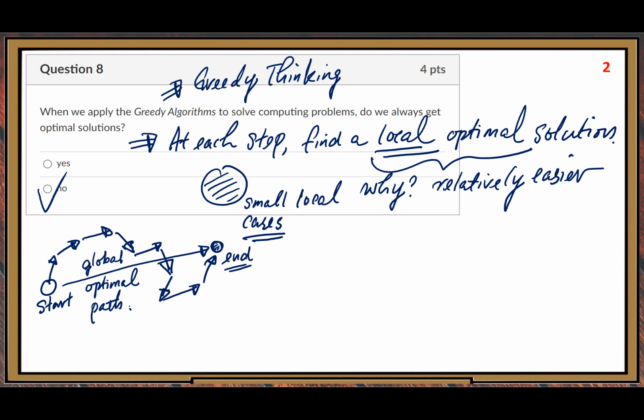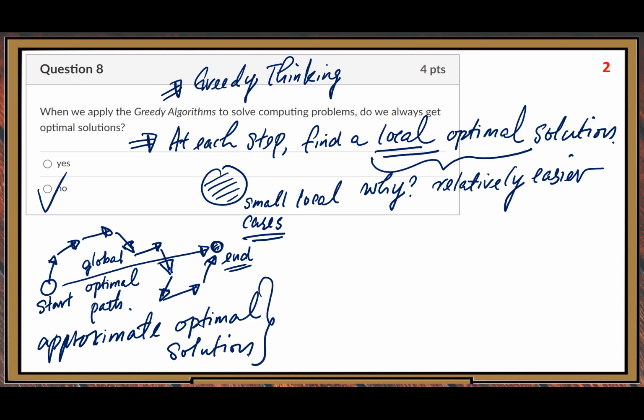Because sometimes, even if we do not get an optimal solution, we can take an approximate optimal solution. That's also fine. Still, it is valuable. All right, so that's this question.